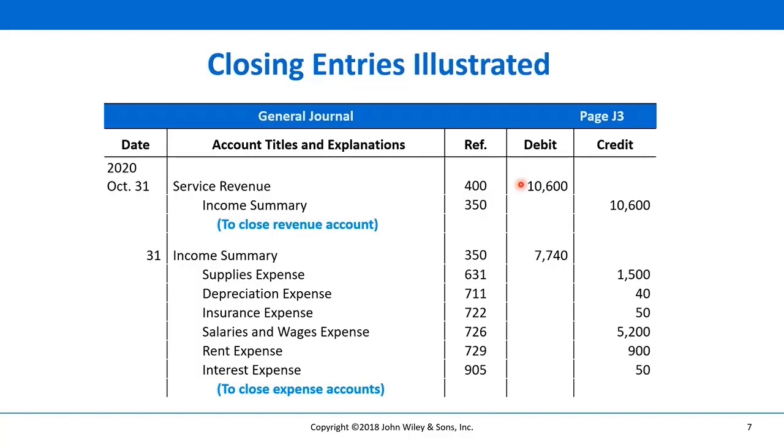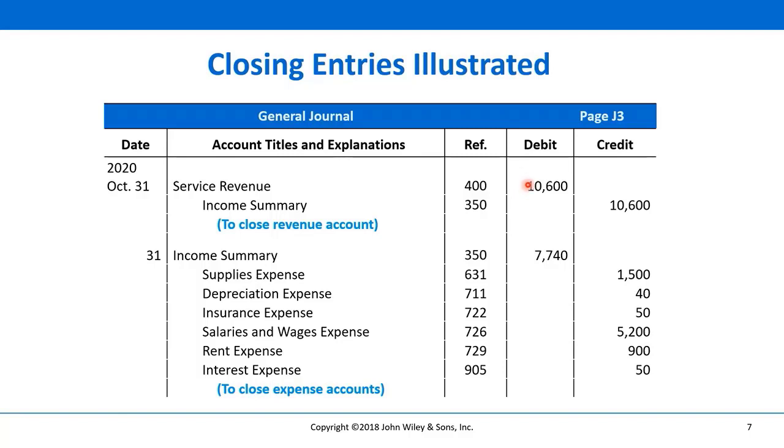If we want to make the balance 0, since service revenue normally has a credit balance, we have to debit the same amount. So in the first closing entry, the revenue account will be debited. We are going in the opposite direction to make the balance of the account 0. And if we debit something, we have to credit the same amount.